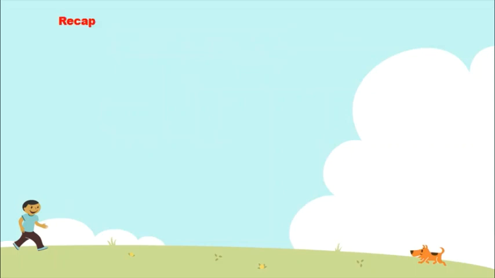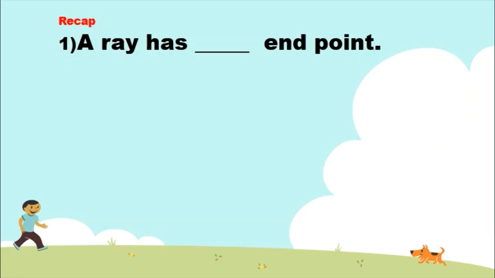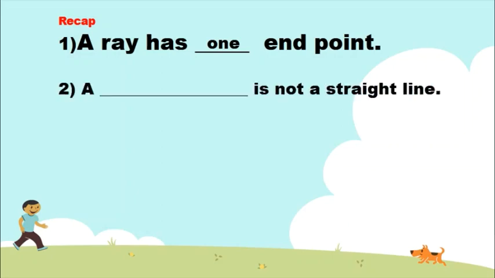Children, let us recap what we have learned. Are you ready? Shall I ask you the questions? Okay. The first one. Ray has dash endpoint. How many endpoints are there for the ray, children? You're right. Only one endpoint. Now, let us go for the second one. A dash is not a straight line. Which is not a straight line, children?